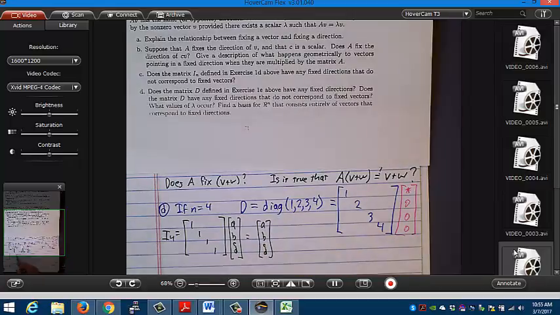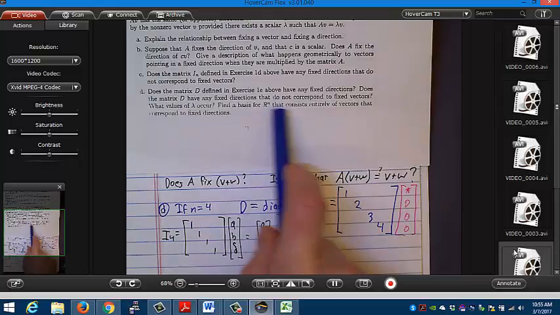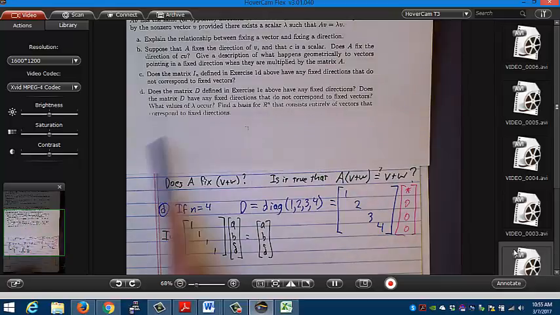So the identity matrix is a really kind of bizarre matrix in that it fixes everything. And then question 2D is maybe the most interesting one on the page. Does the matrix D, as we wrote here, have any fixed directions that do not correspond to fixed vectors? What values of lambda occur?